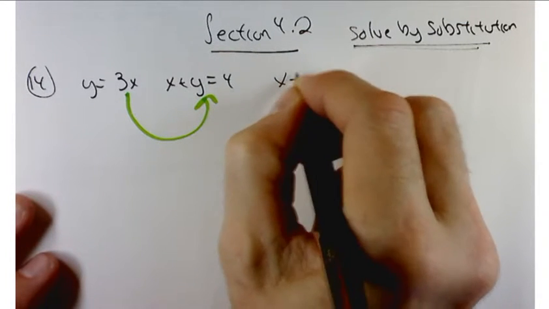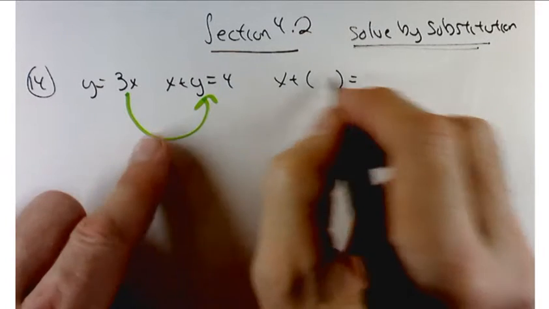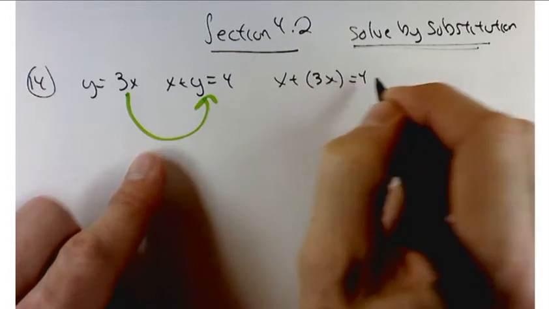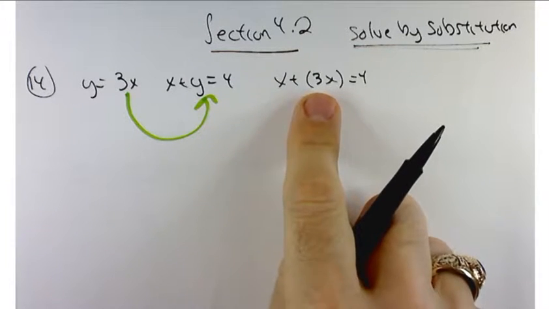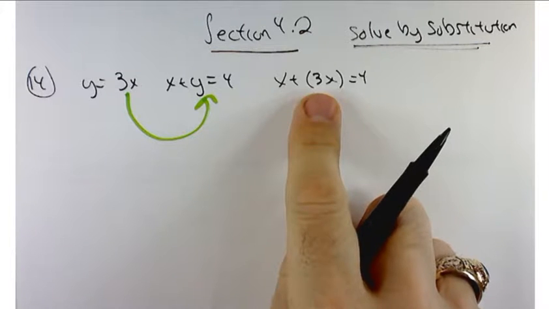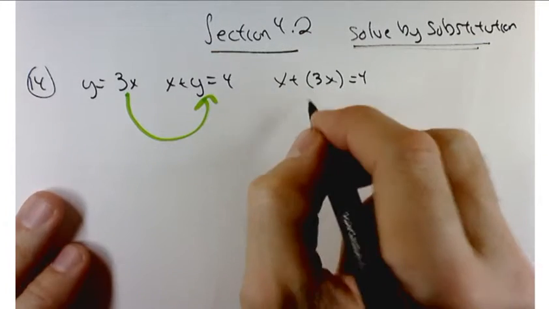Well, I have x plus 3x equals 4, and that looks good. Now, the nice thing that happened here is that all of a sudden, my equation just depends on one variable, right? What's x plus 3x? 4x.